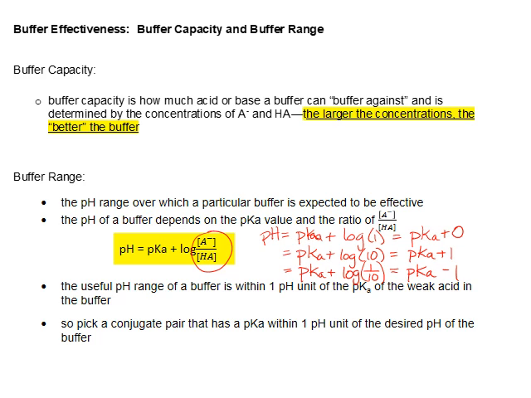So we say that the useful range of a buffer is plus or minus 1 pH unit. This puts some limits on what species you can use to make a buffer of a given pH. You always want to choose a conjugate acid-base pair that has a pKa value within 1 unit of the target pH of your buffer.